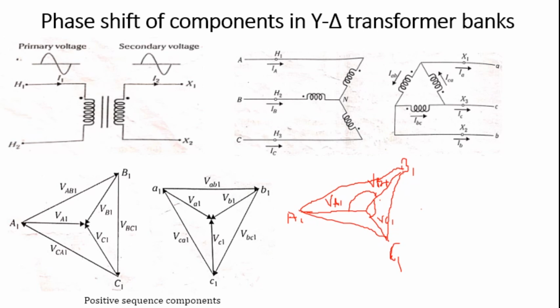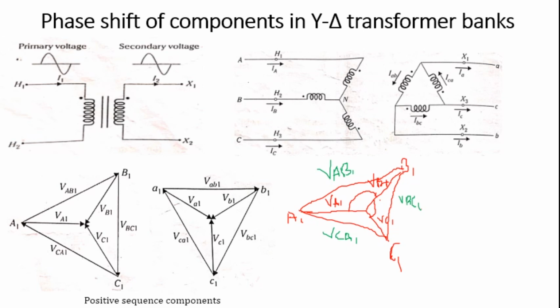Between the terminals A1 and B1, this is VAB1. Similarly, this is VBC1, and this is VCA1. So 1 stands for the positive sequence component.